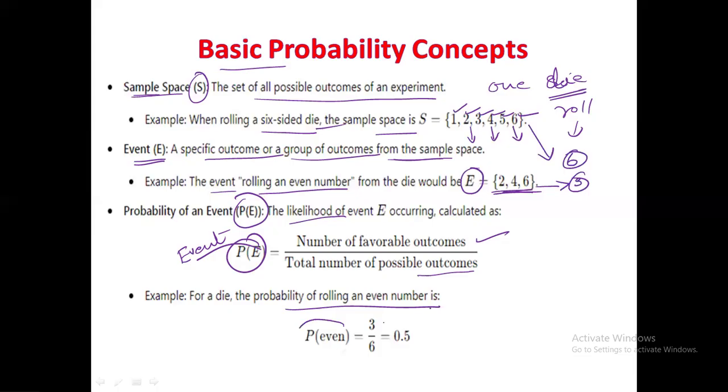P of even is equal to 3 by 6, which is 0.5. If you want to calculate it as a percentage, 0.5 times 100 is 50 percent. What about the remaining? Rolling an odd number is also the same, 3 by 6, 0.5, so you get 50 percent.